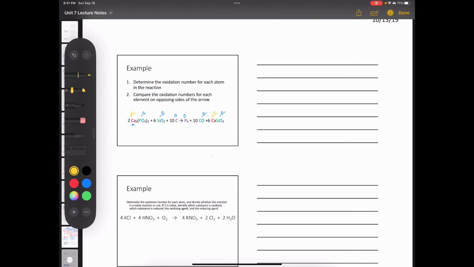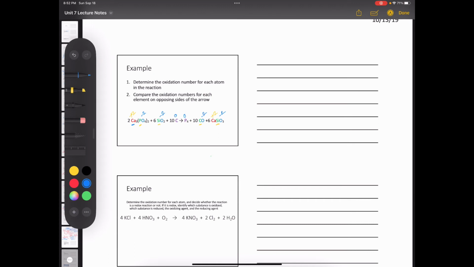Now I am left with the phosphorus, the silicon in this case, and the carbon and the silicon in the product. So from starting with about six or seven atoms to calculate the oxidation numbers, we're down to about three or four, just knowing how to use that table.